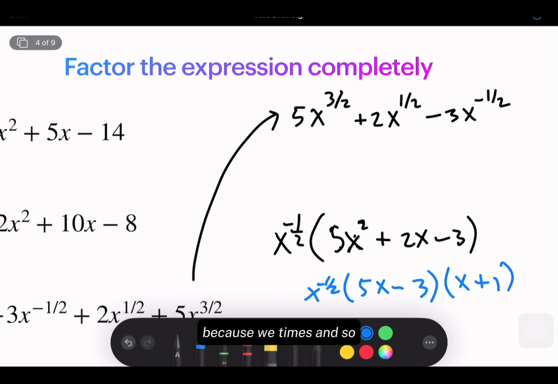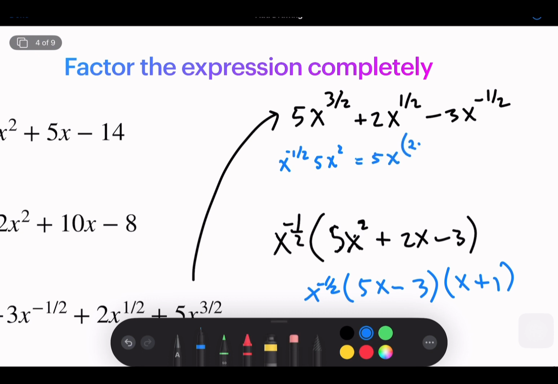Because we times it with 1. So we, wait, hold on. That's right. Oh wait, do we plus it? Are we plussing it or are we? Wait, hold up. But wouldn't it be negative then, Mr. Iman? Here. So 5x, and I fixed it. Okay. Thank you.